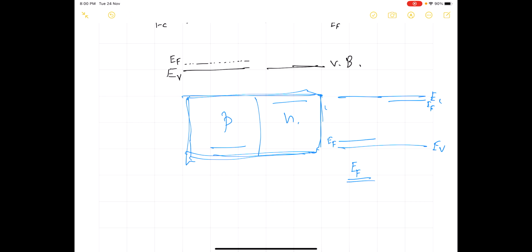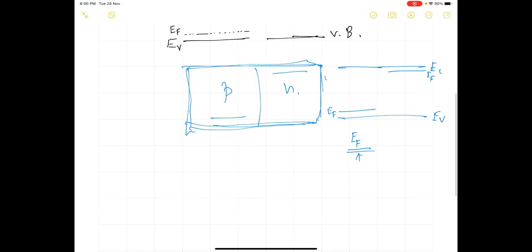Let me come to that part first, because in the previous lecture, when I was discussing the diffusion, I told you that the Fermi level is independent of position in an equilibrium condition. Under equilibrium condition, EF is independent of position, independent of x.